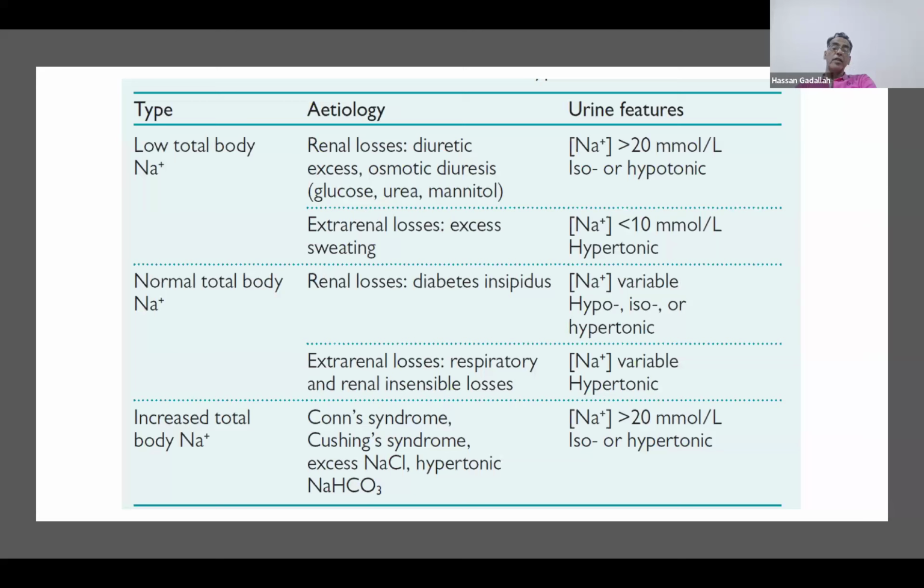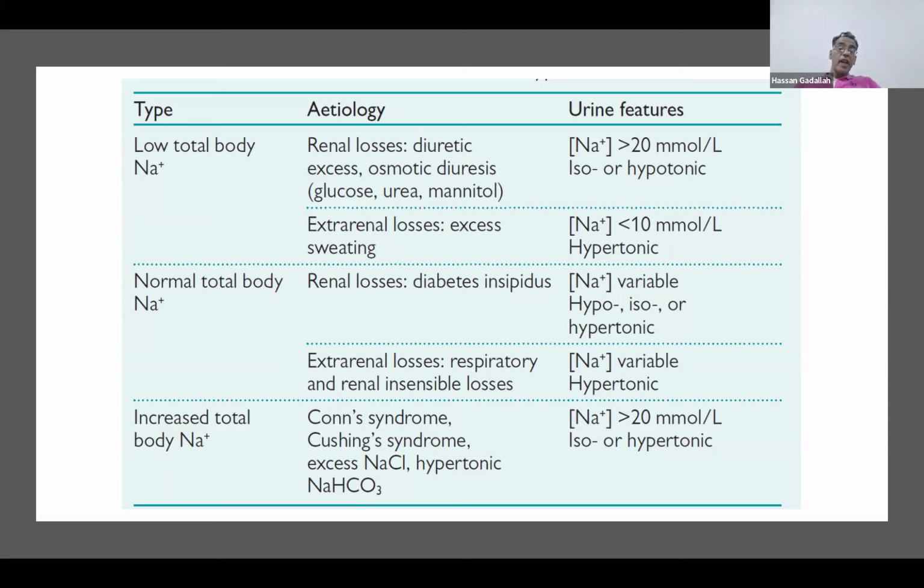It acts exactly as mannitol acts. In such cases, how can we differentiate it? When we measure the urine sodium, we'll find that it is more than 20 millimole per liter because there is loss of sodium as well as water in such cases.